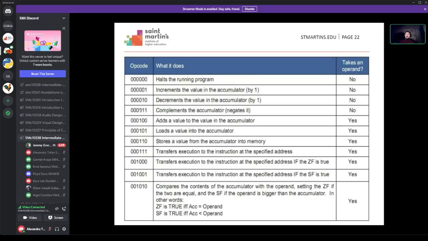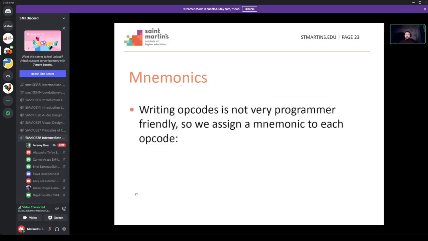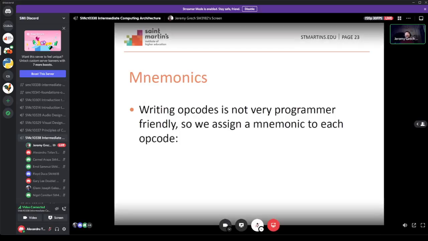Okay? However, you would probably understand that coding computers using such opcodes can become very, very tedious very quickly. Okay? So that is why we use what are known as mnemonics.